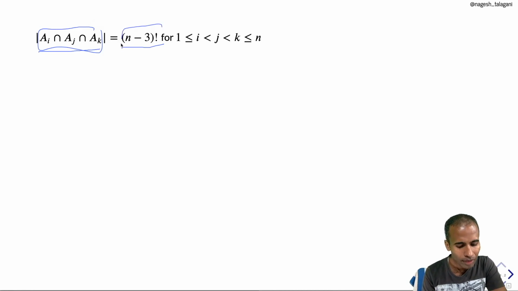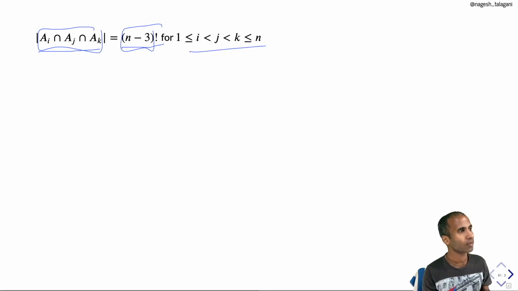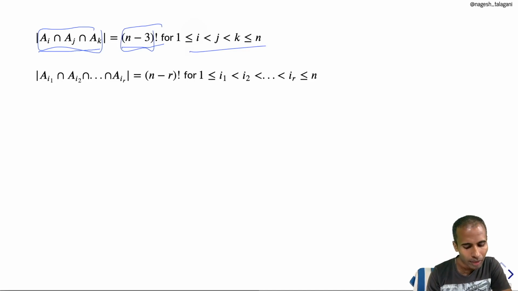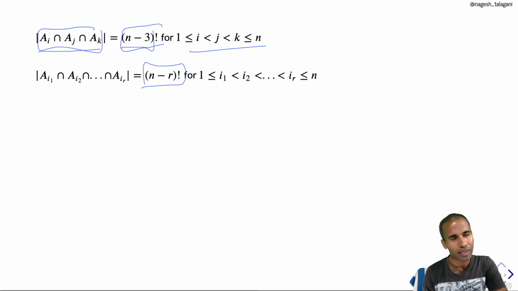They can be arranged in (n-3)! ways for any 1 ≤ i < j < k. Next, in general, the number of elements in Ai1 ∩ Ai2 ∩ ... ∩ Air is going to be (n-r)! with similar reasoning.